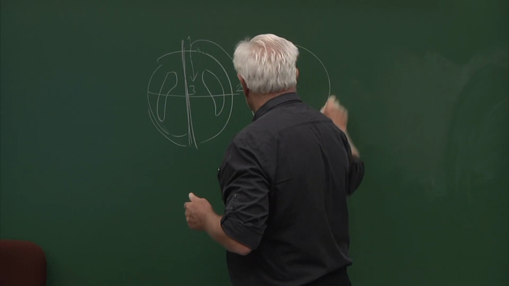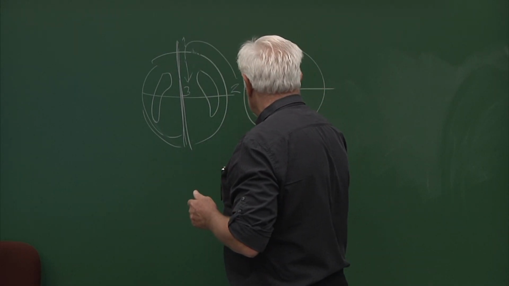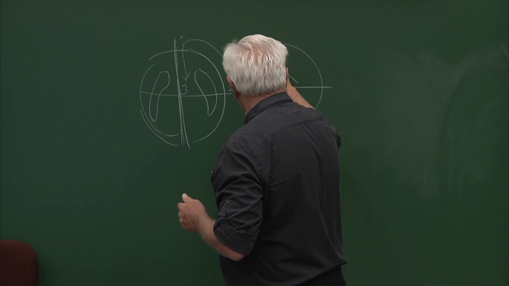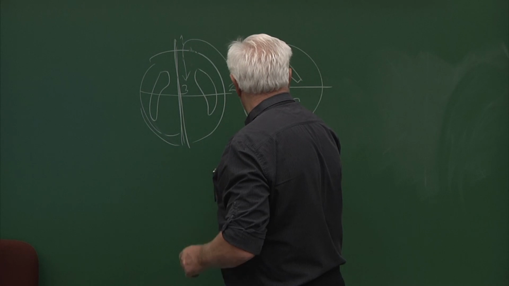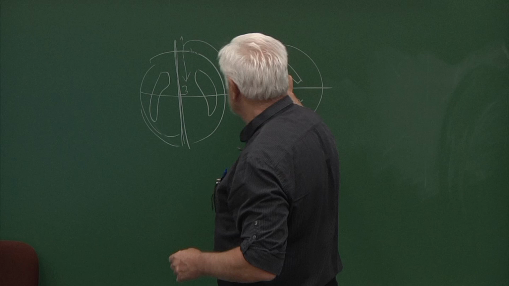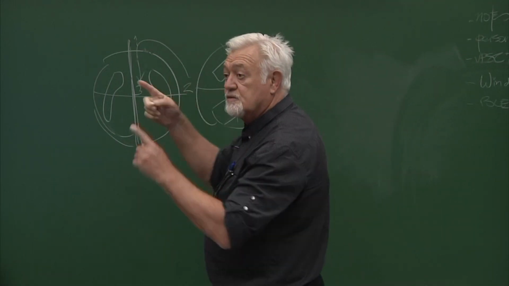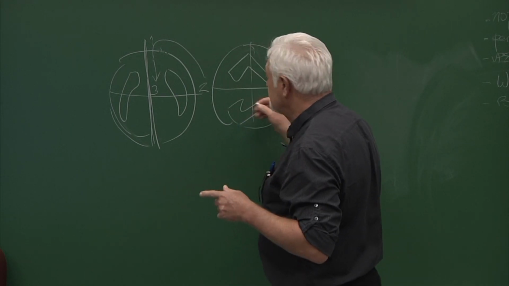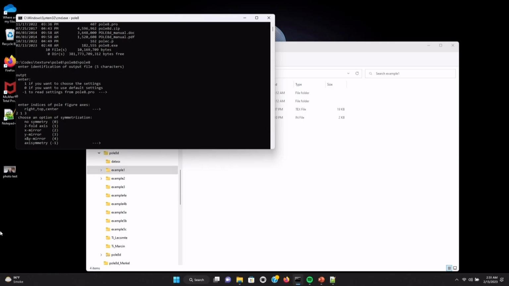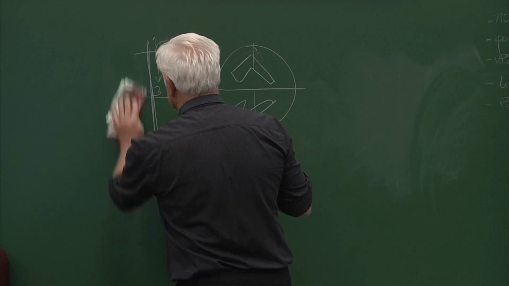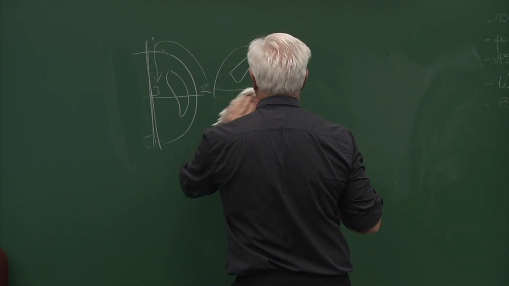Or you can choose this as a mirror, so whatever is here is going to appear as a mirror there. Or you can use both simultaneously. If you do this, you also have the option of plotting only part of the pole figure, because the other part is symmetric. So you can plot this, or you can plot this.